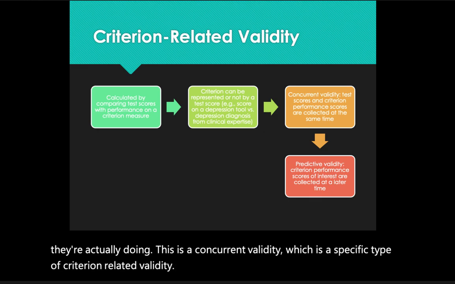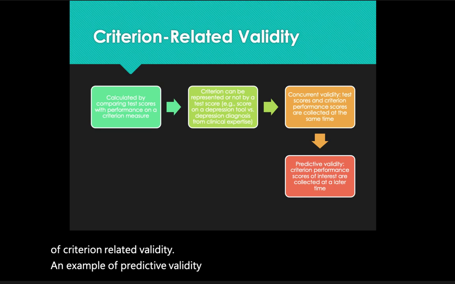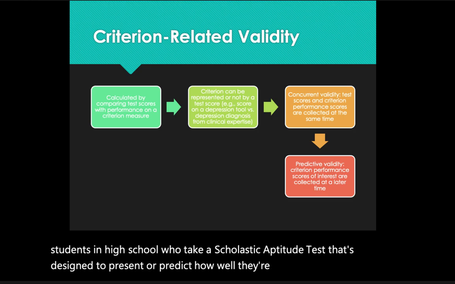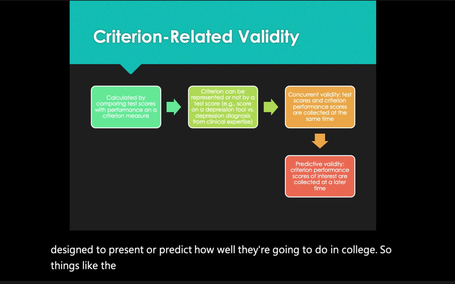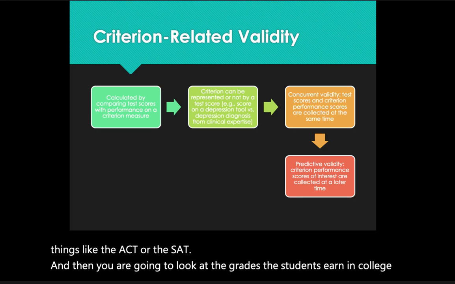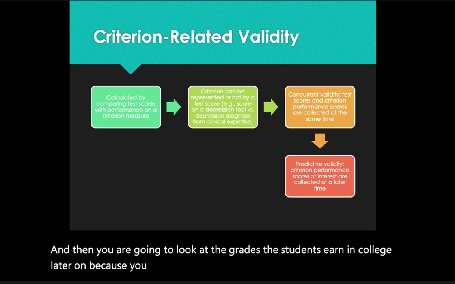An example of predictive validity might be that you have a bunch of students in high school who take a scholastic aptitude test that's designed to predict how well they're going to do in college. So things like the ACT or the SATs. And then you look at the grades the students earn in college later on, because you have them take the test while they're in high school.